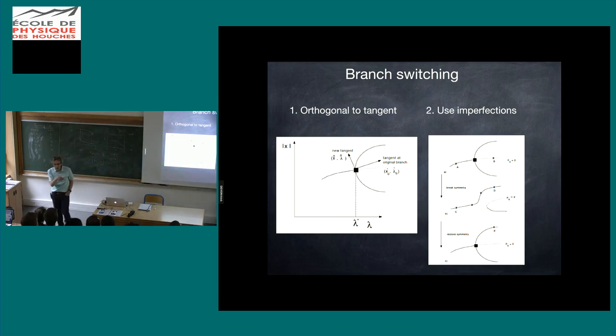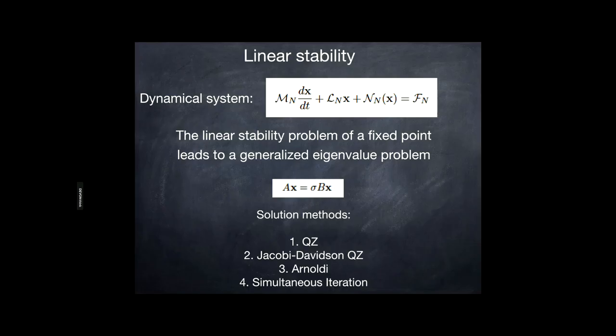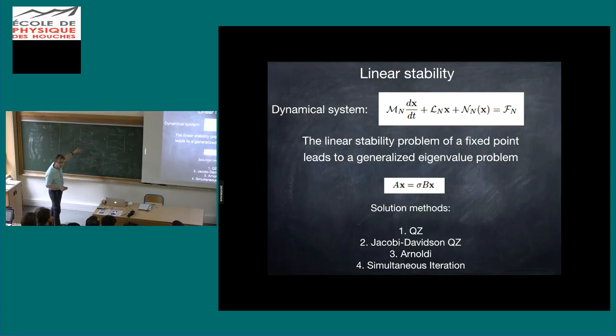In the codes I give you, like in the labs, it's all done this way, because you can do that easily for low-dimensional systems, but it's more expensive in high-dimensional systems. Okay, then the linear stability problem. Of course, you have to solve, as I did for the saddle node, where you have this saddle-node bifurcation, this coefficient which changed from negative to positive.